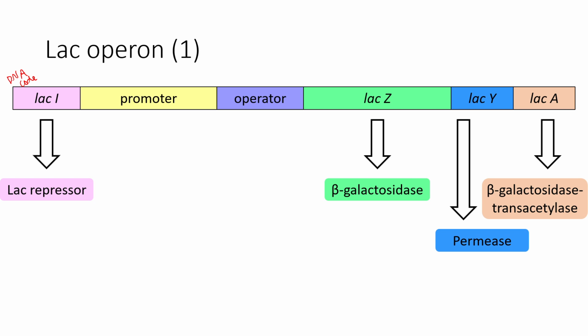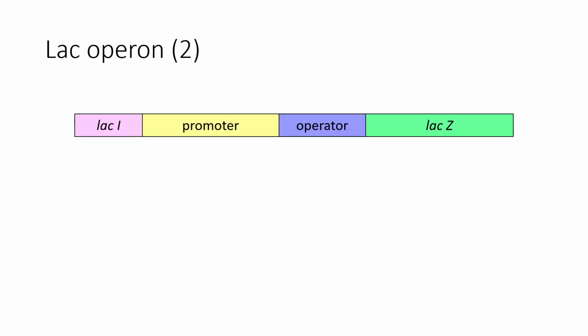They're less important for our actual purposes in the genetic engineering of E. coli. So for our purposes, when we are working with the LAC operon to help express our gene of interest, we really work with just the beginning part of the LAC operon. So the LAC-I, which is coding for our repressor, and the LAC-Z, which is coding for our beta-galactosidase enzyme, as well as the promoter and operator in the middle.